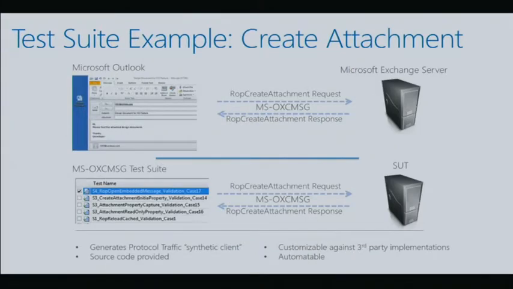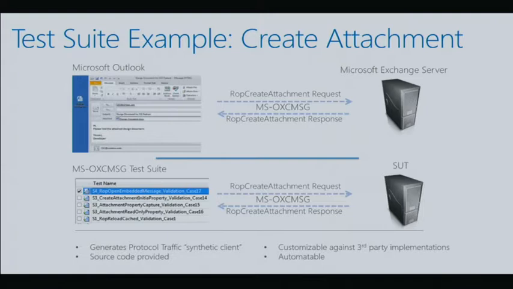So here is a real example of how you can relate what a test case does with what you can do with the product. Say, when you are using Outlook for Windows and you are creating an attachment to the email, at that time Outlook would use a ROP, a remote operation message mentioned over here.